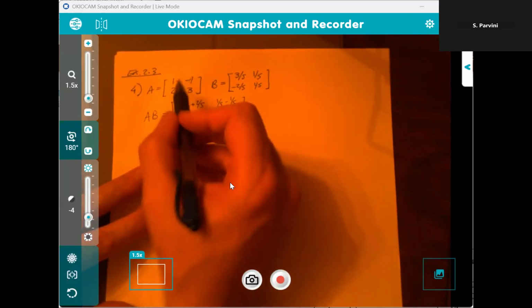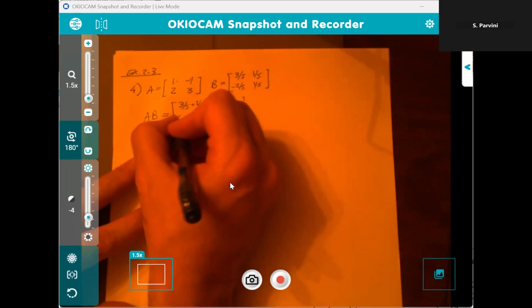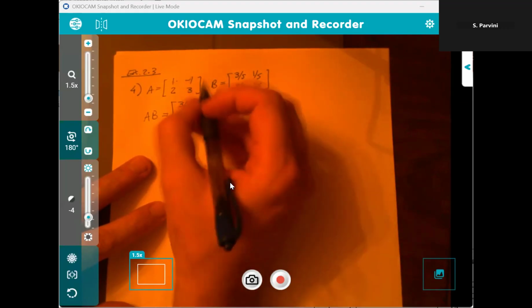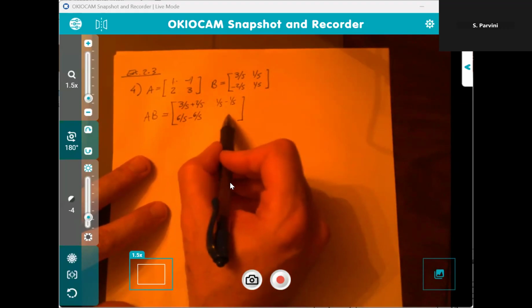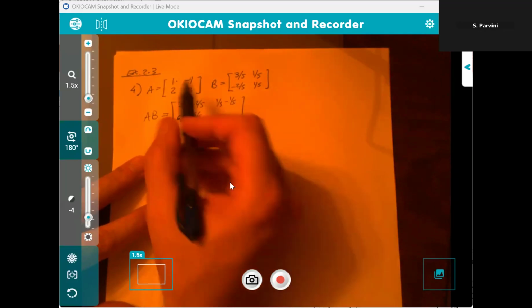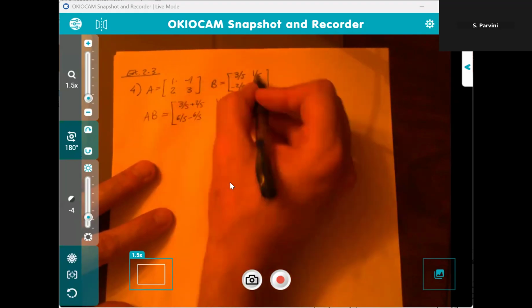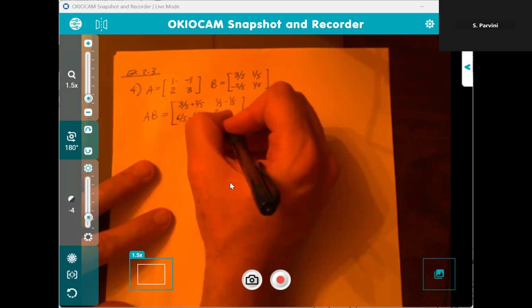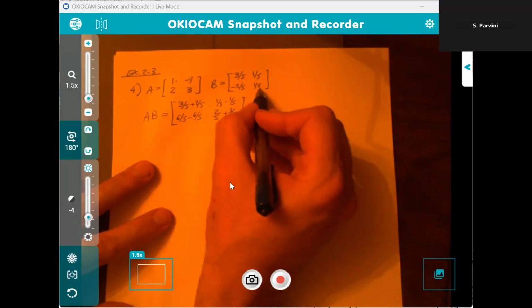Second row, first column: 2 times 3/5 is 6/5, and 3 times -2/5 is -6/5. Second row, second column: I multiply second row by second column. That's 2 times 1/5, 2/5, and then plus 3 times 1/5, 3/5.